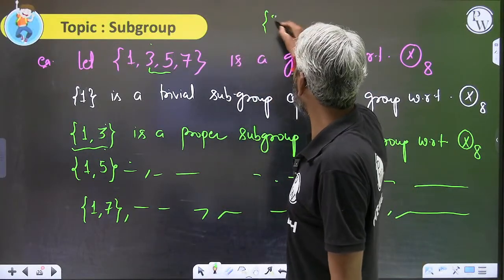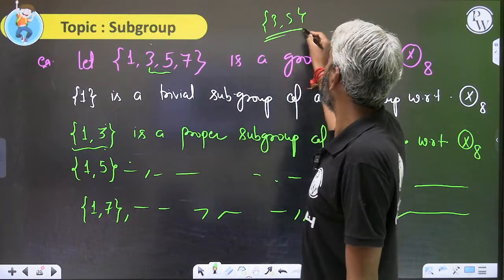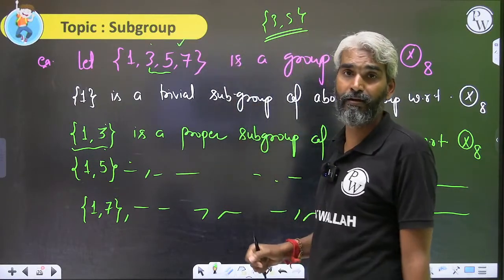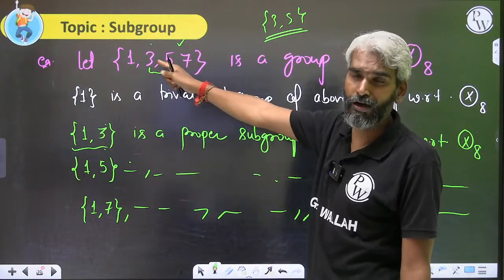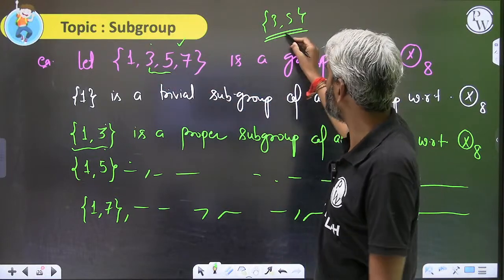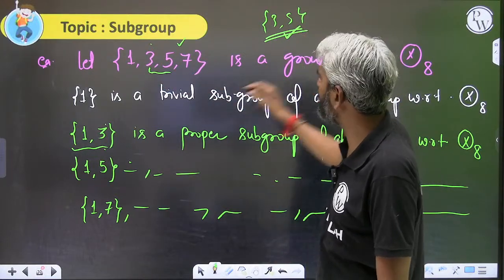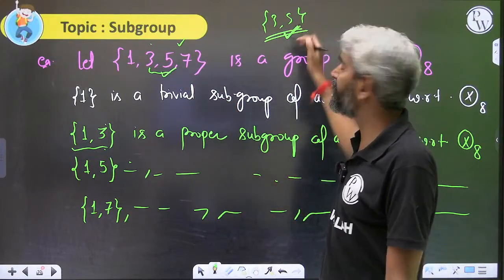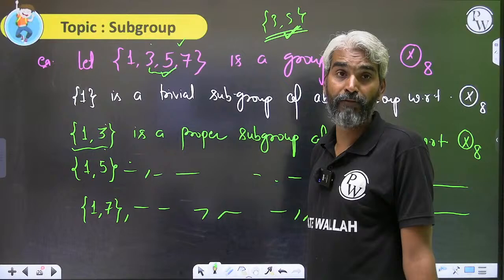If I take the subset {3, 5}, then the size of this set is 2. It divides the order of the group, that is 4. So the size of this subset divides the size of the set, but it does not mean that this subset will create a subgroup of the group.